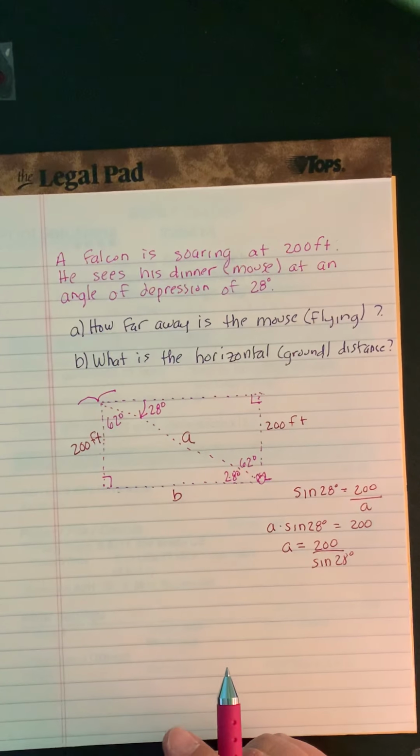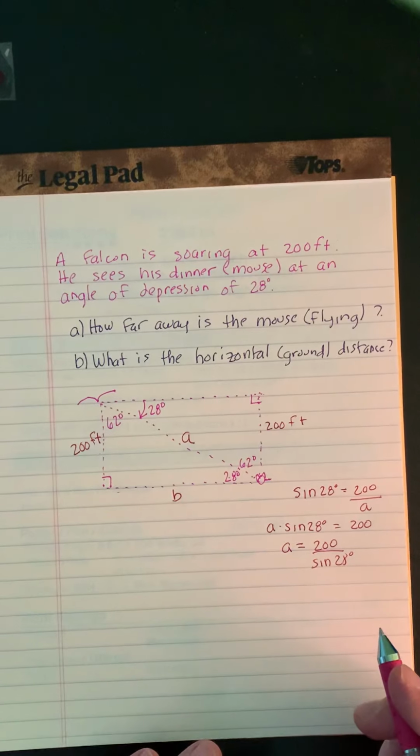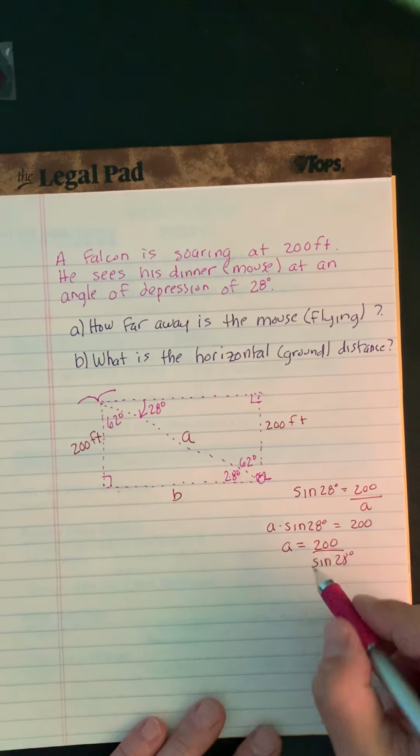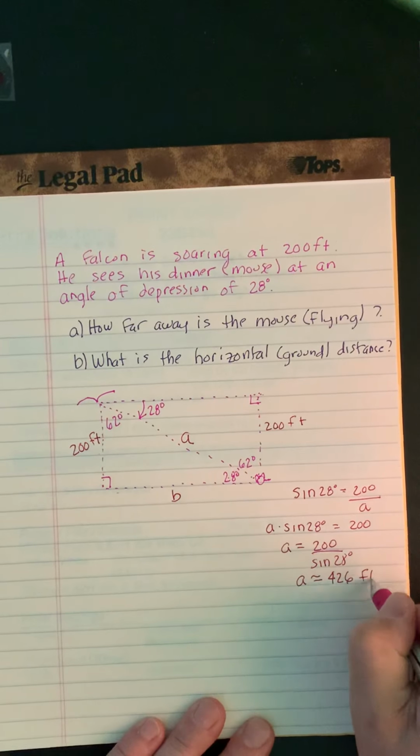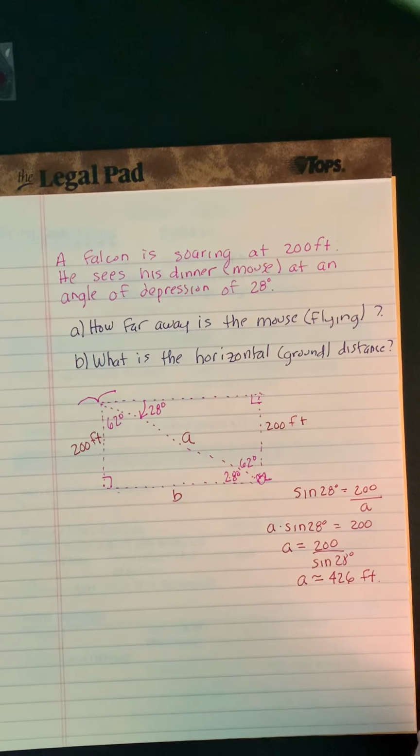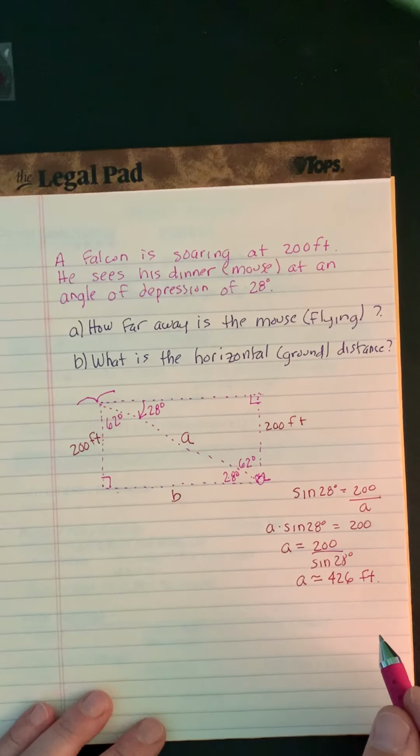So 200 divided by the sine of 28 is about 426 feet. So he's got 426 feet to get to that mouse. And if the mouse was standing still, if you look up how fast a falcon can fly, he would be at the mouse quickly. All right, so that takes care of that.